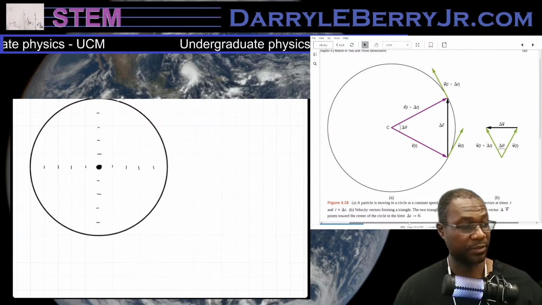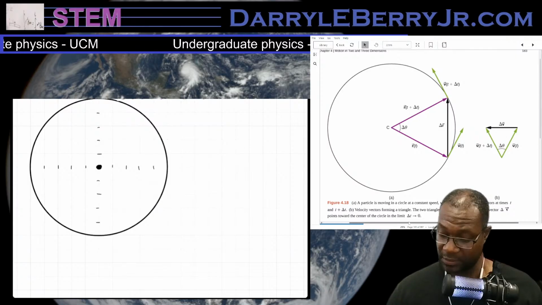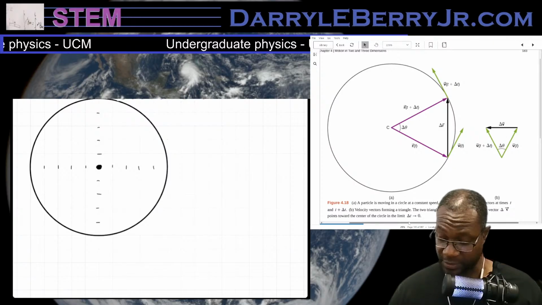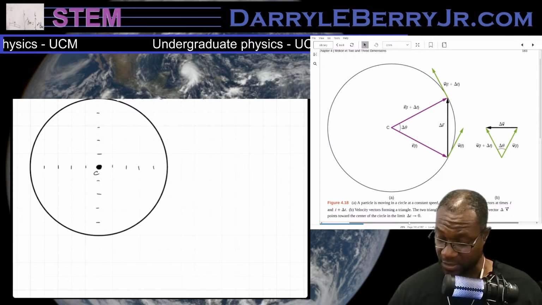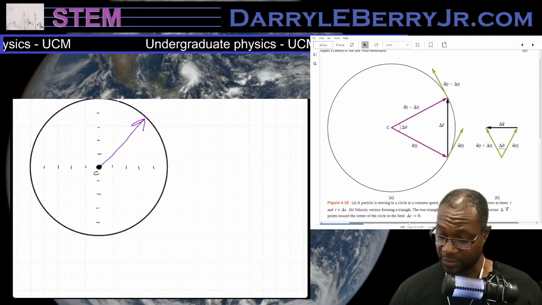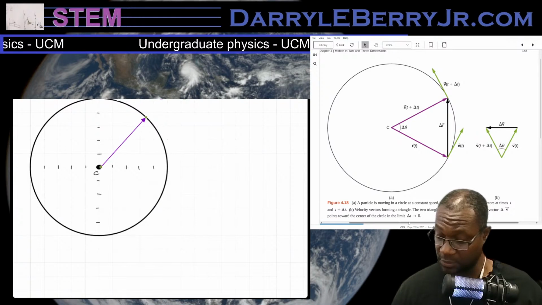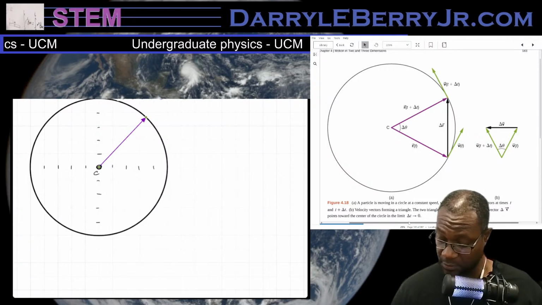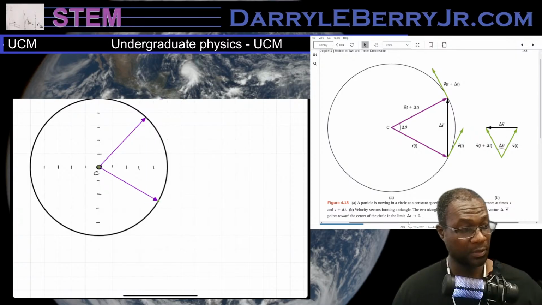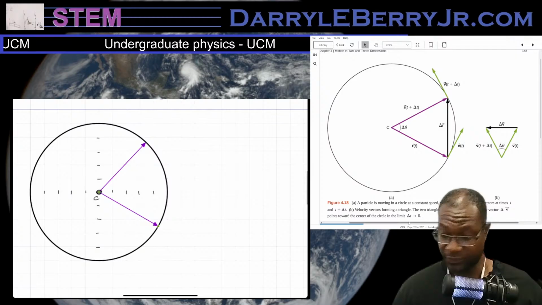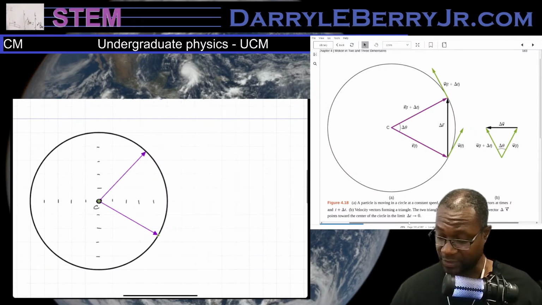All right, so we see that that's the center, and this is C. We have a vector that they put here, and we have the tangential velocity vector.